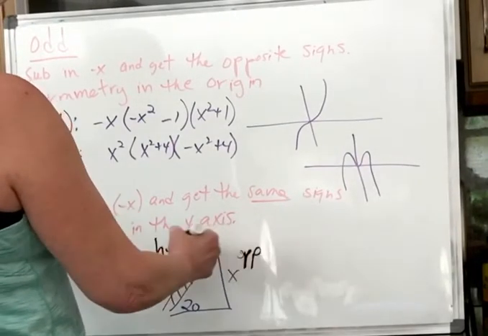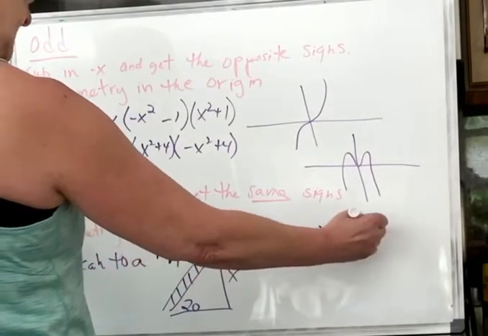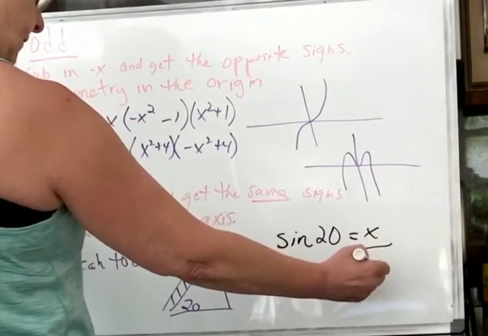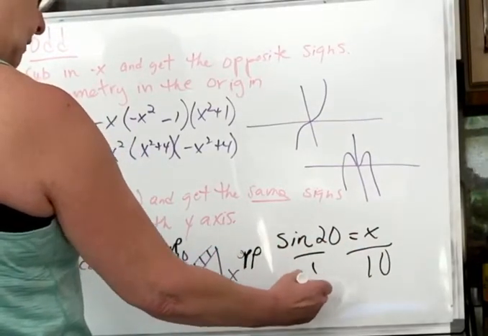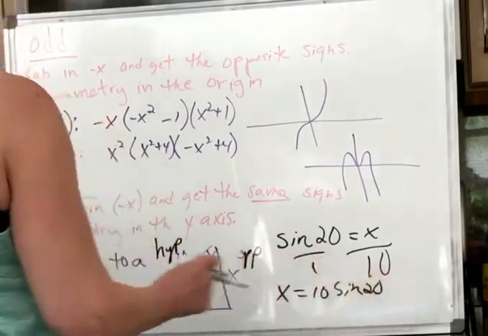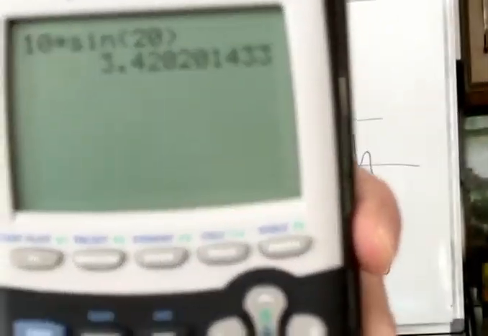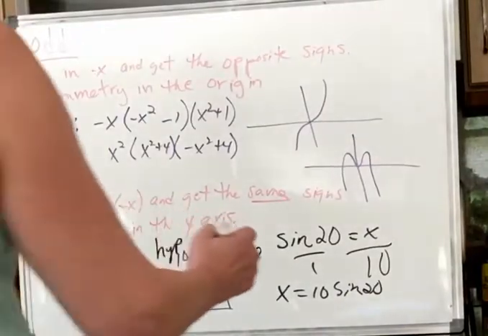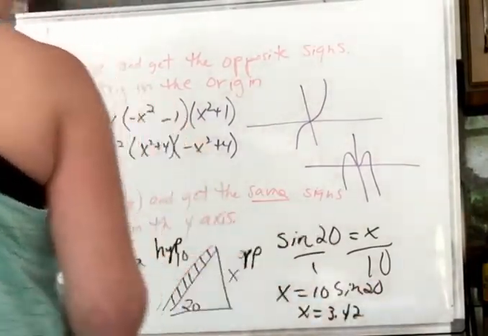So opposite over hypotenuse is my sine function. Sine of 20 is equal to x over 10. Cross multiply: x equals 10 sine 20. 10 times the sine of 20 is approximately 3.42. Therefore, my answer is approximately 3.42 to the nearest hundredth.